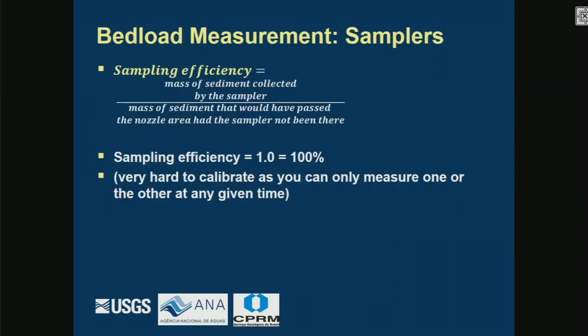So you can think this is really hard to figure out. There have been some more recent lab tests, and there's a paper coming out on all the different bed load samplers and their efficiency, because that's pretty much the only way to really get a feel for how efficient the bed load samplers are in different materials. But again, we are looking for a sampling efficiency of 1.